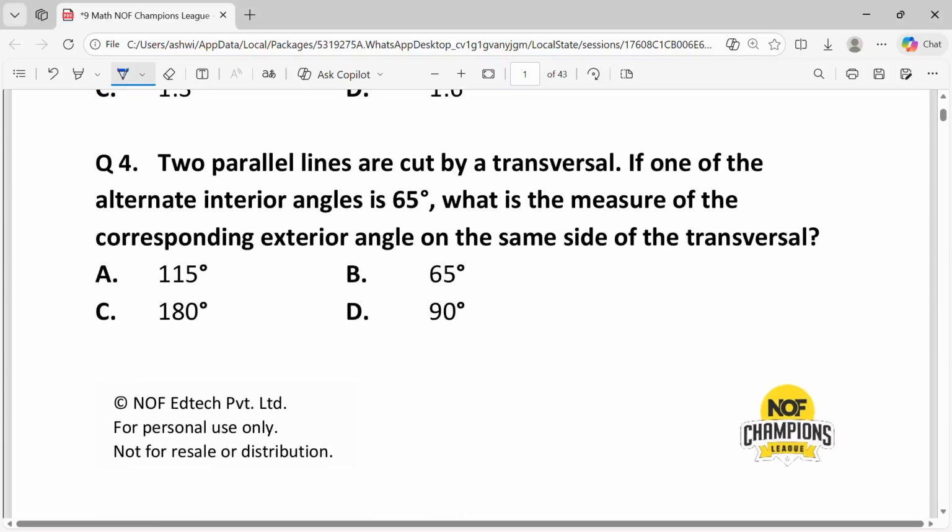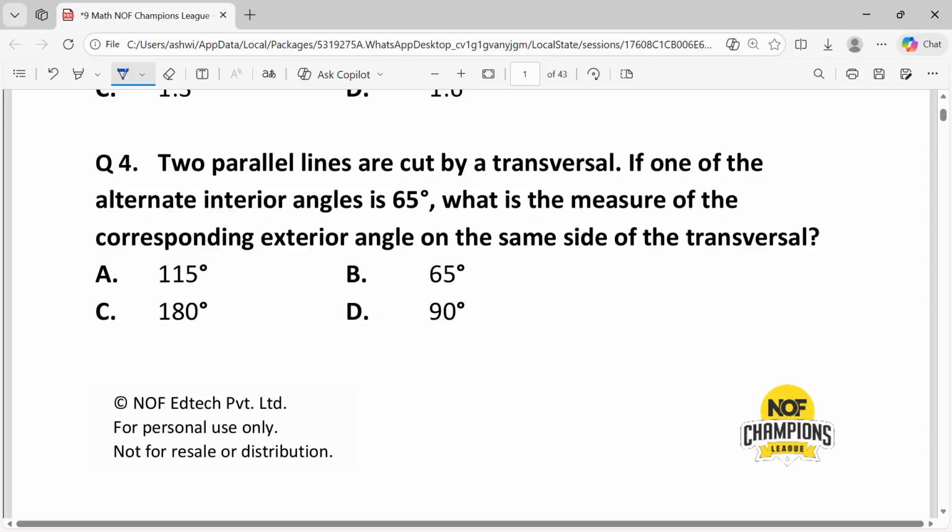Question 4. Two parallel lines are cut by a transversal. One of the alternate interior angles is 65. What is the measure of the corresponding exterior angle on the same side of the transversal? When two parallel lines are cut by a transversal, alternate interior angles are equal.